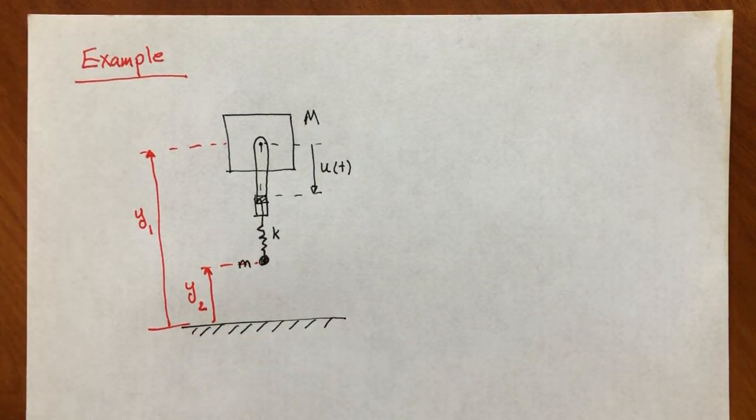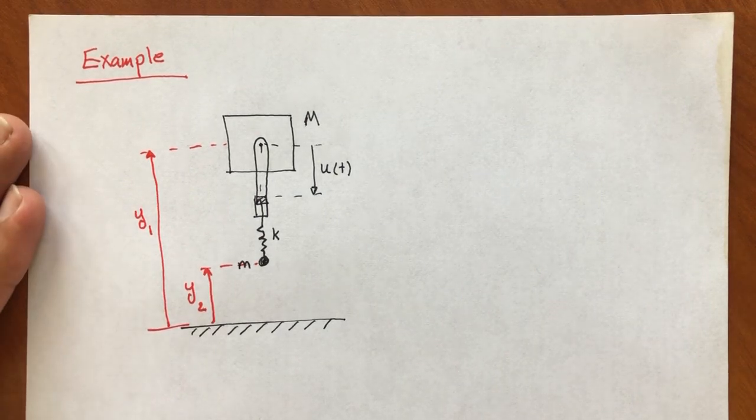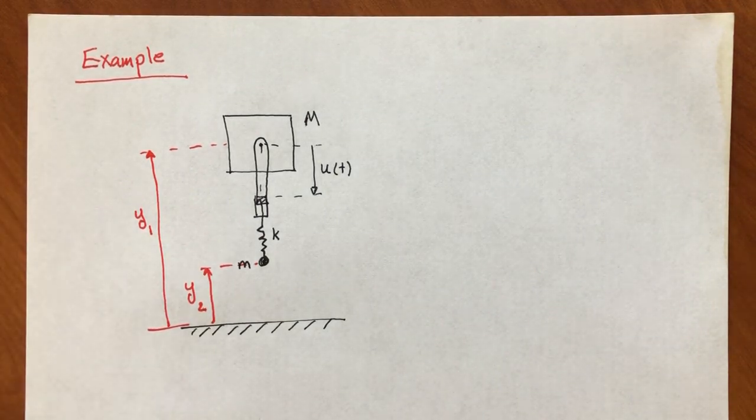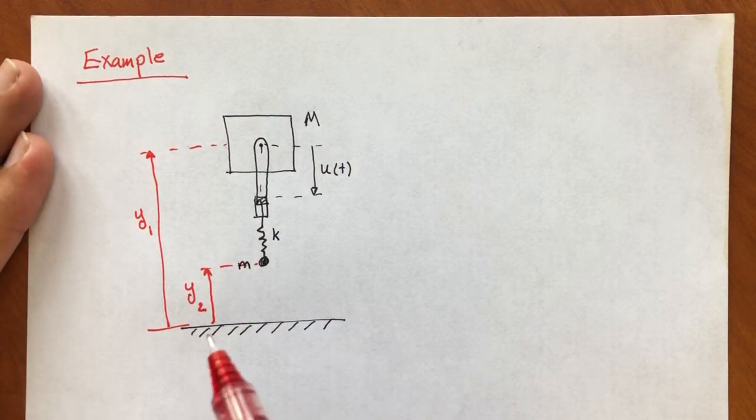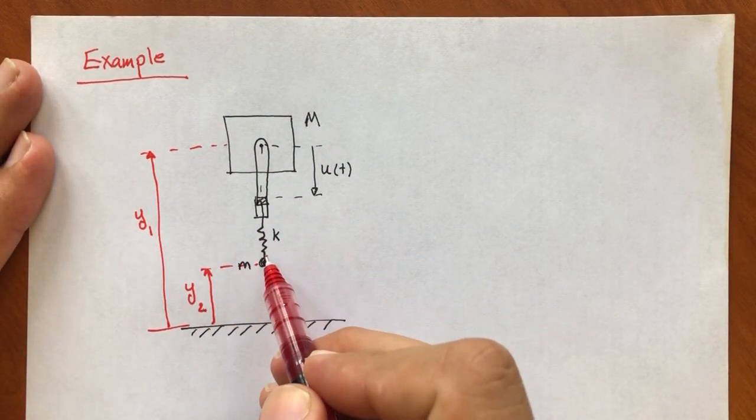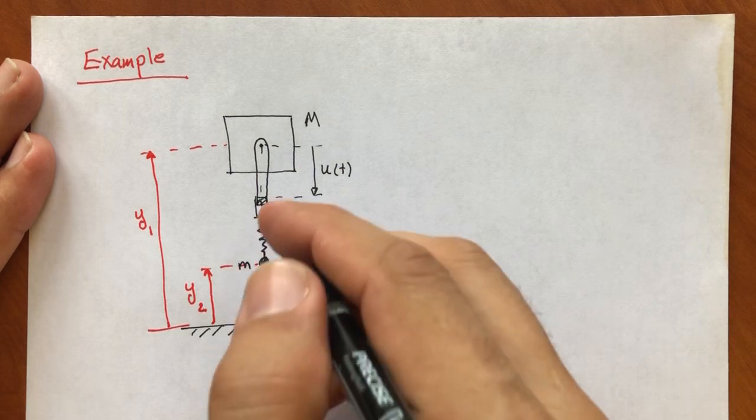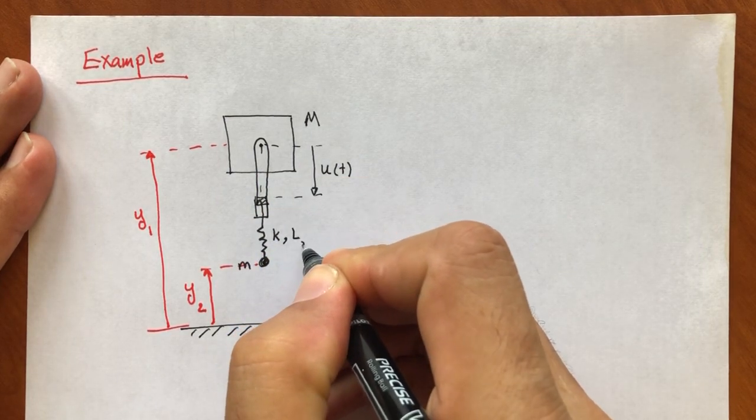And then because we have 2 degrees of freedom and I'm using 2 coordinates, I'm not going to have any constraint equation, right? So let's say the unstretched length of the spring is L0 as well.